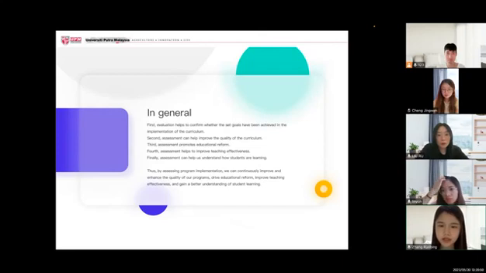Finally, assessment can help us understand student learning. Thus, by assessing curriculum implementation, we can continuously improve and enhance the quality of a curriculum, promote education reform, improve teaching and learning effectiveness, and better understand student learning.